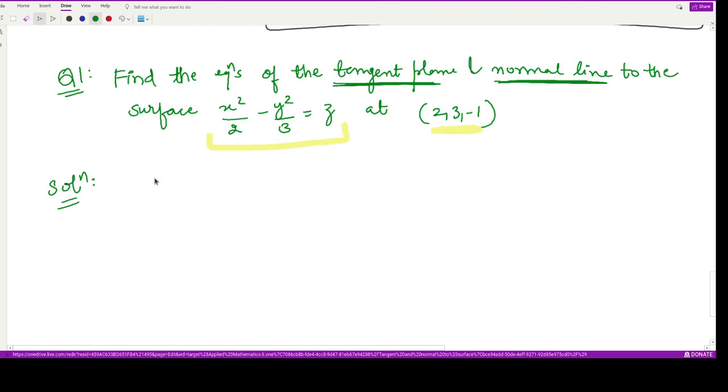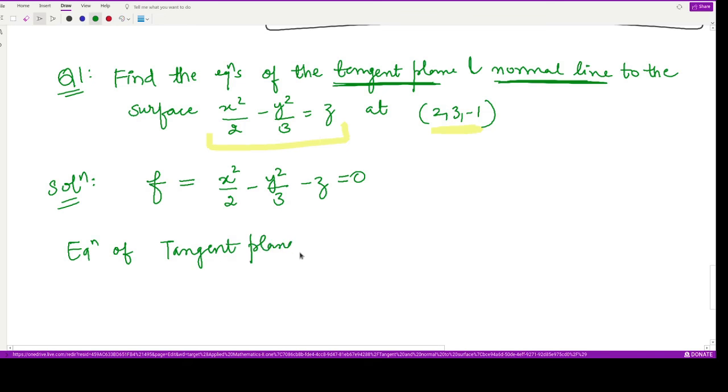So for that, firstly we denote our surface as represented by this function f. So that means it would be x square by 2 minus y square by 3 minus z, that is equal to 0. Because we know the equation of tangent plane, what is this?